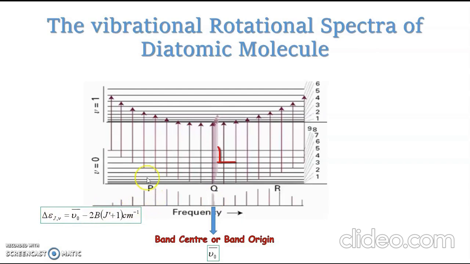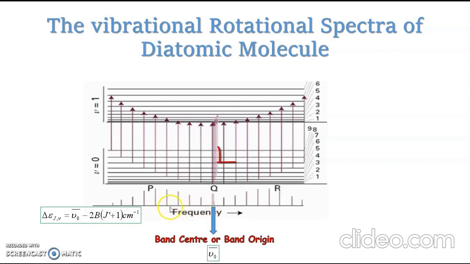Next, for P branch, what will be the expression? mu 0 bar minus 2B into J single prime plus 1. Here, single prime 1 to 0. The first transition is 1 to 0. That is 0. If we substitute 0, we will get mu 0 bar here minus 2B, here minus 4B, here minus 6B, here minus 8B.